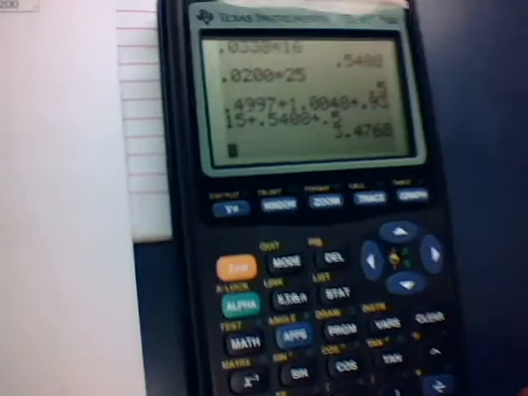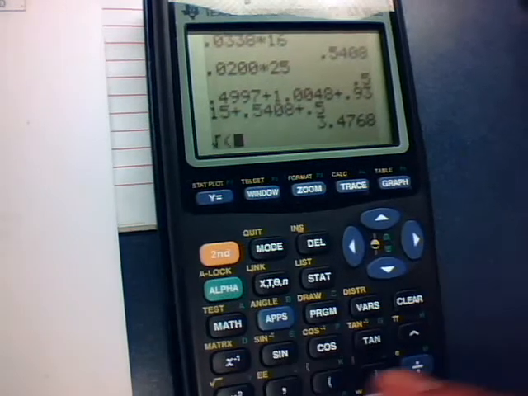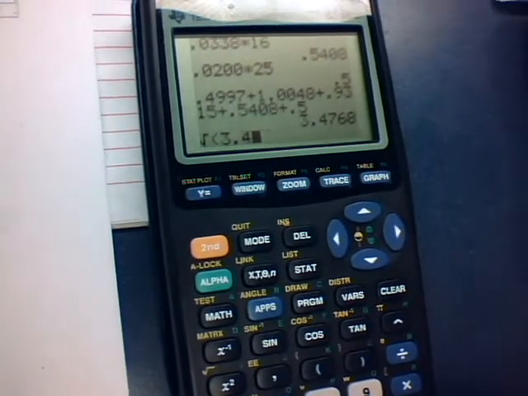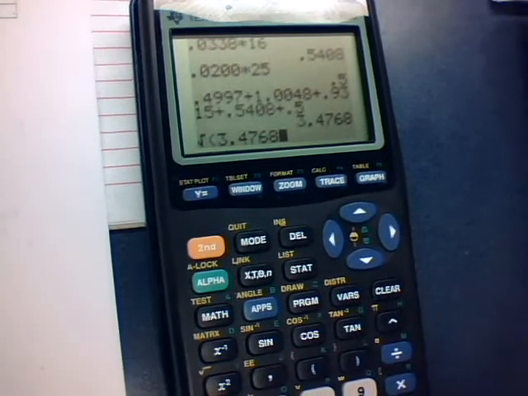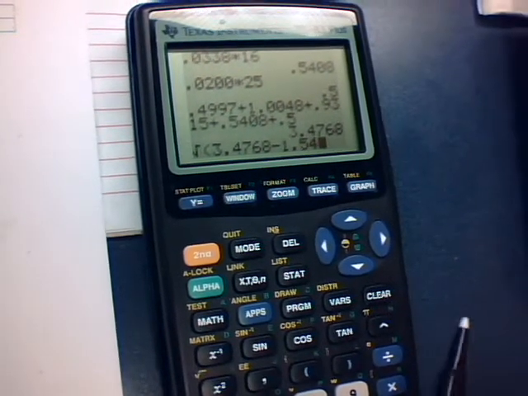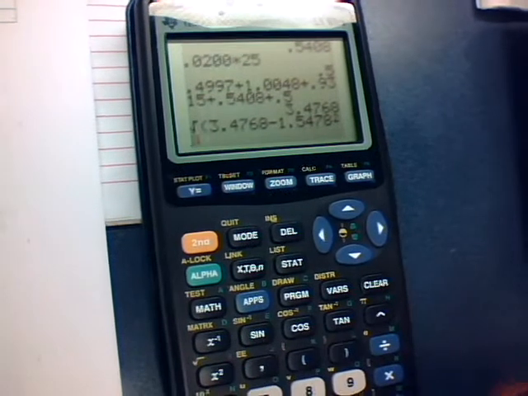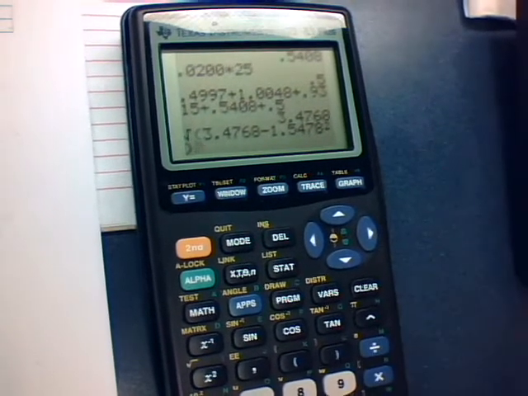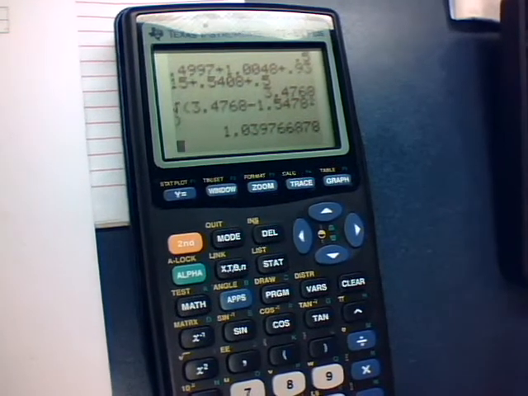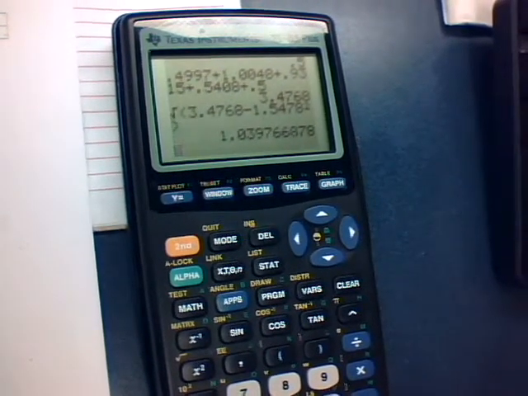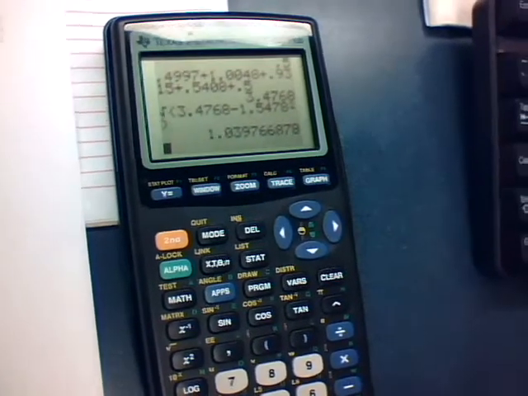So if I have the square root, 3.4768 minus 1.5478, and then hit the x squared button, and then close the parentheses, I will get 1.039, to 2 decimal places, 1.04.